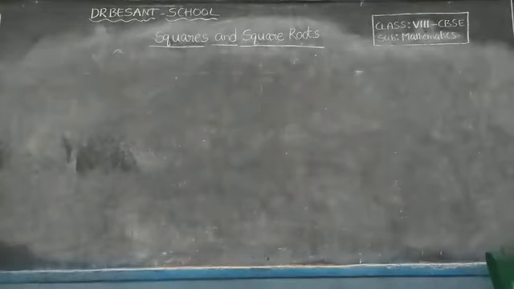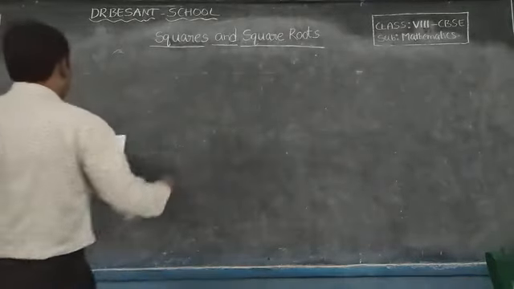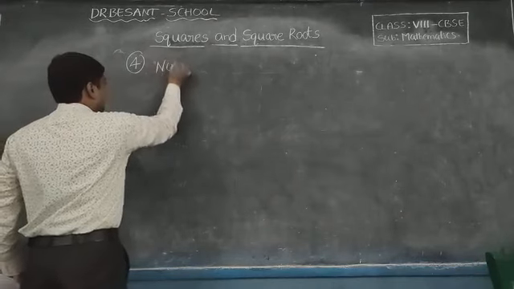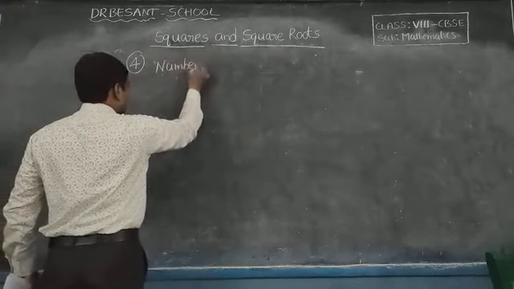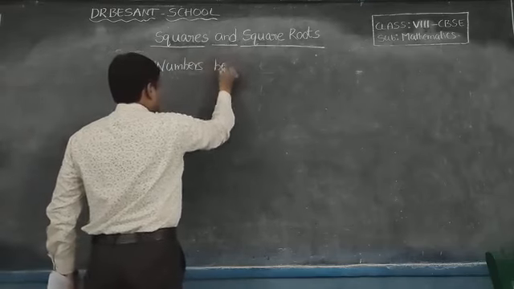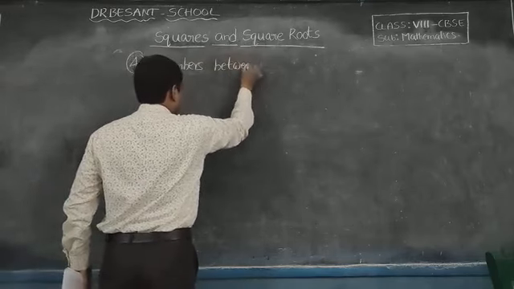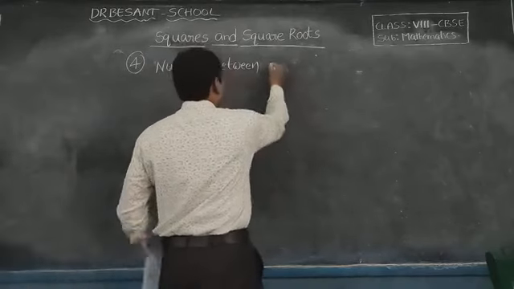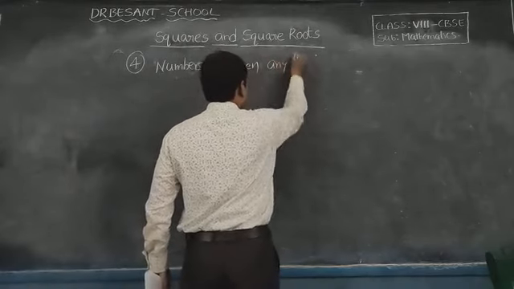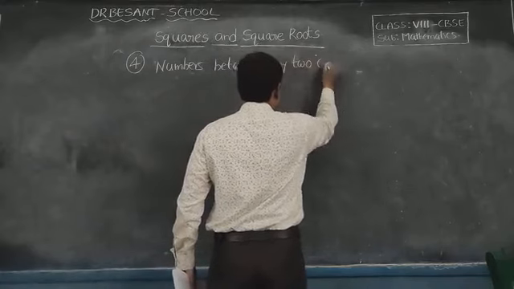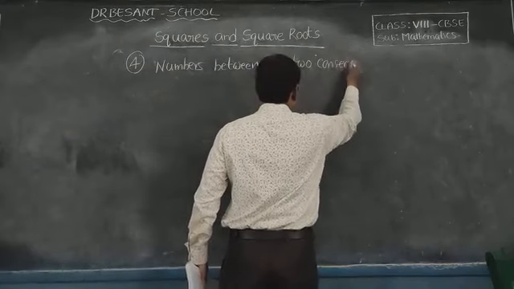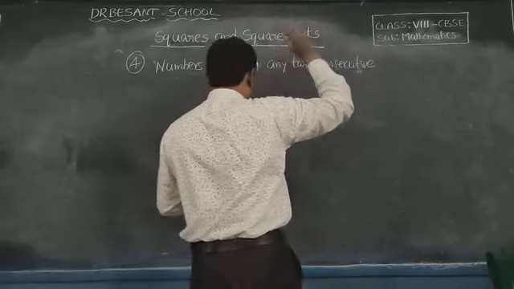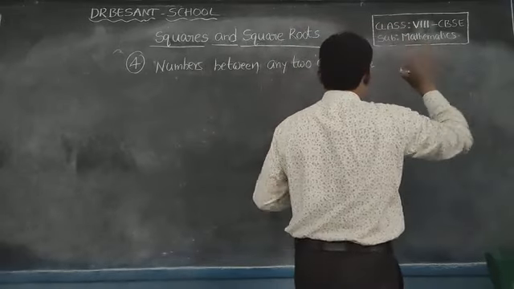Fourth one, numbers between any two consecutive square numbers.